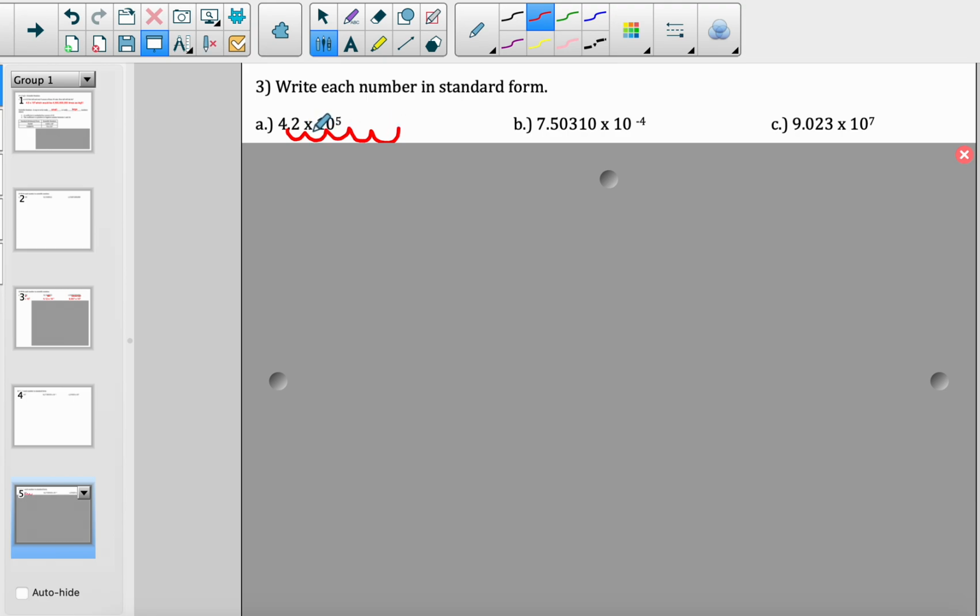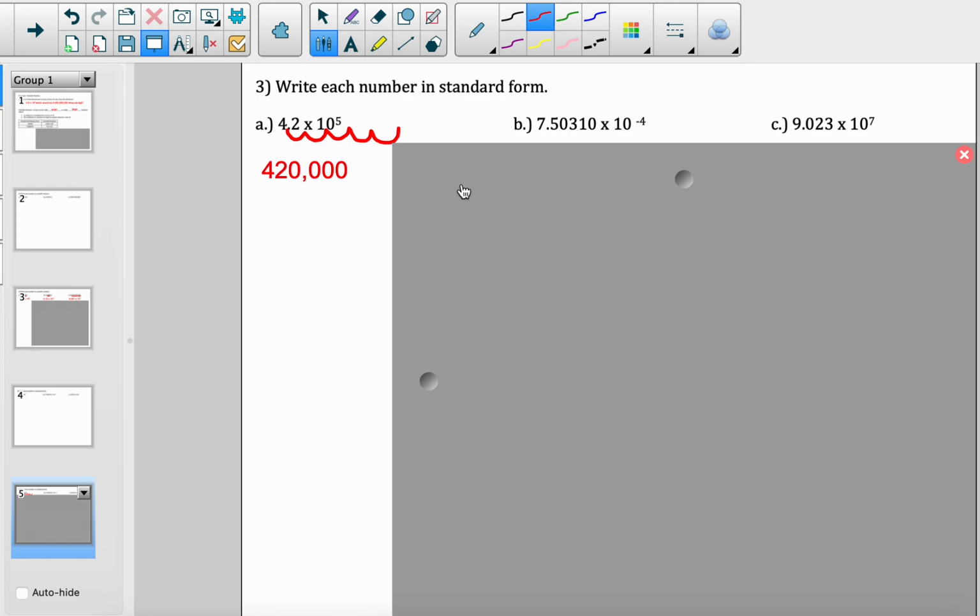And every place where there wasn't a number, you would fill that with zeros. And so our answer here, after 4.2, you would need 1, 2, 3, 4 zeros, resulting in 420,000.